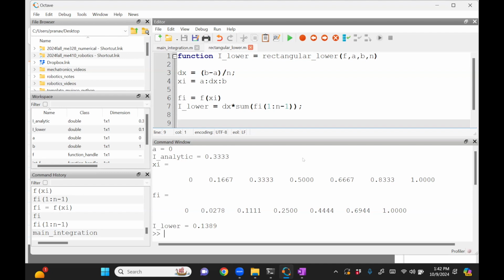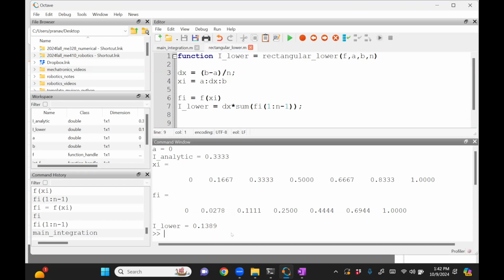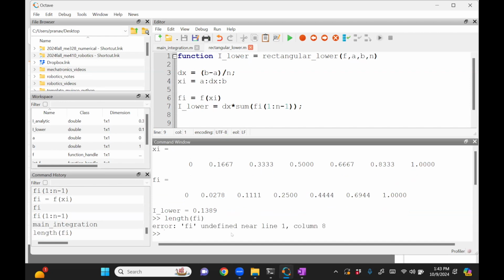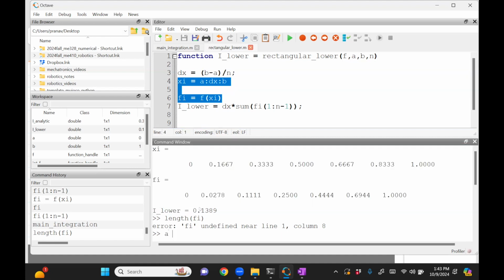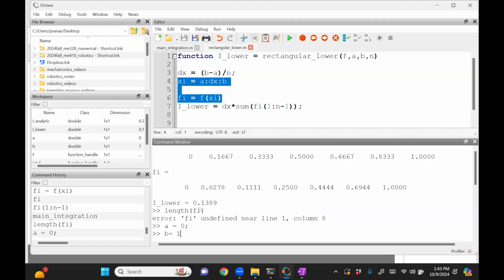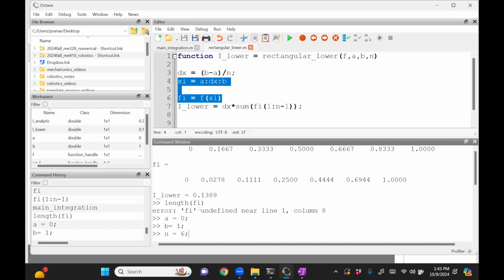Okay, can somebody tell me what I might be doing wrong?